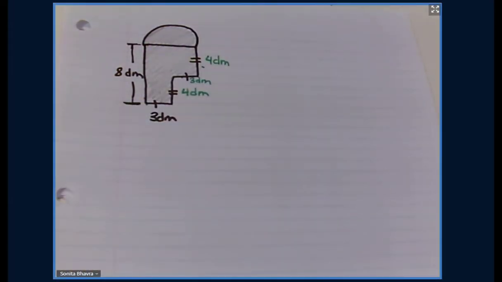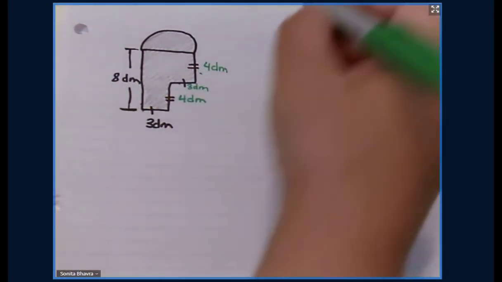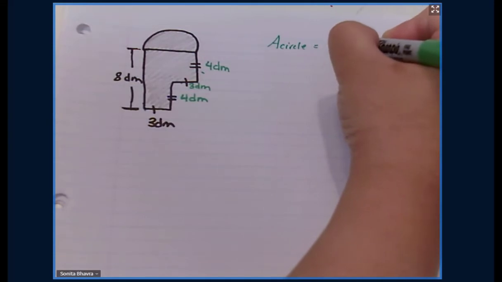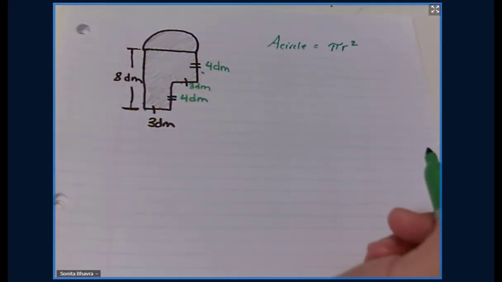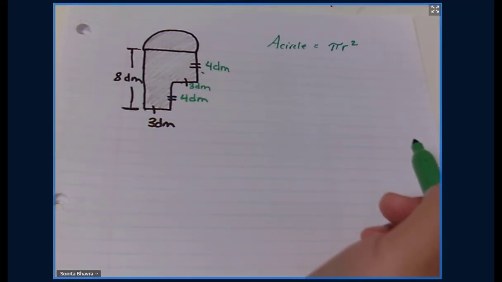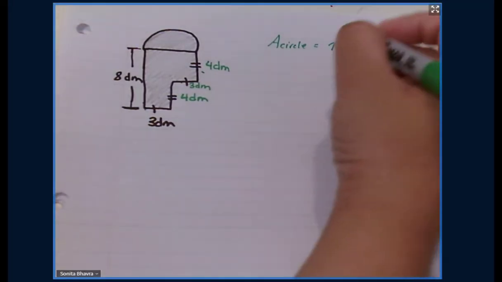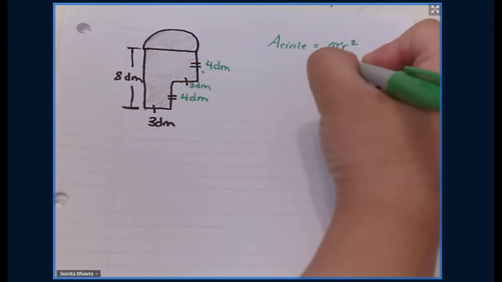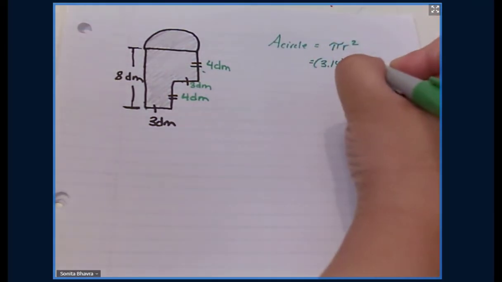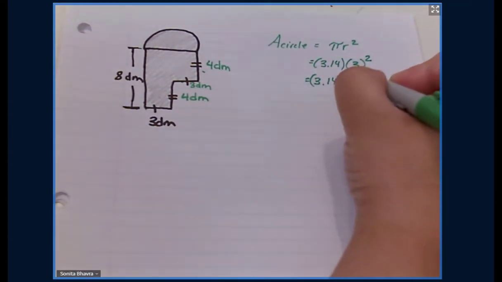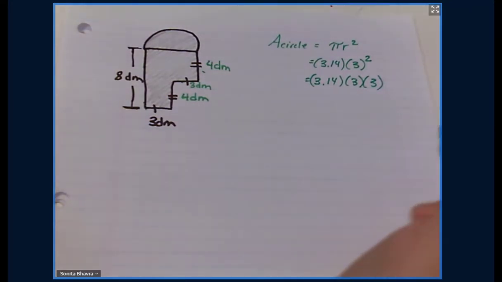So let's start with the area of the circle, which is pi r squared. We know that our diameter is 6 decimeters. Our radius is 3 decimeters. All right, so the area of the circle is going to be 3.14 times 3 squared, which is 3.14 times 3 times 3.